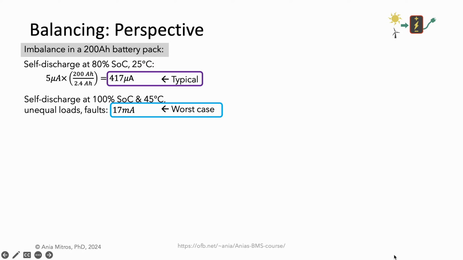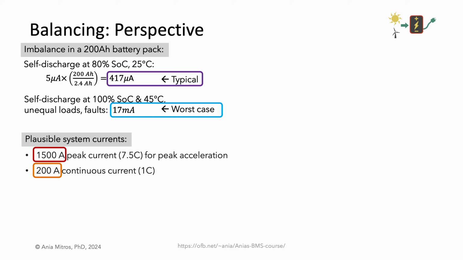Take a moment to compare those numbers to other currents around the battery pack. A car may see a 1500 amp peak current for a couple seconds. A typical continuous current may be 200 amps. For a 200 amp hour battery, 200A is a 1C rate. Even when the application load is not present, we may have a computer or microcontroller running, or possibly other peripheral loads.